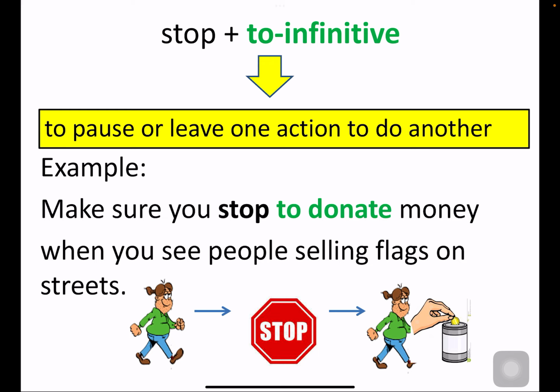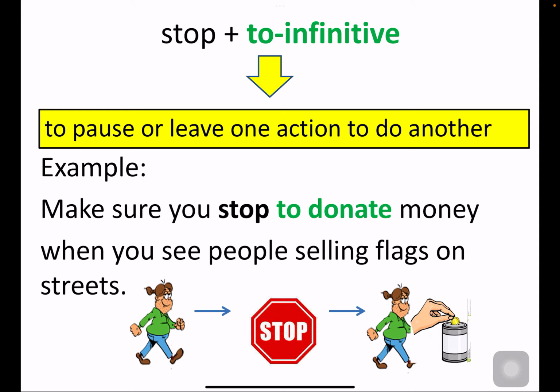Let's take a look at another example. Make sure you stop to donate money when you see people selling flags on streets. It means that the man stops walking, then he takes out his money to donate. After that, he continues his action, which is walking.